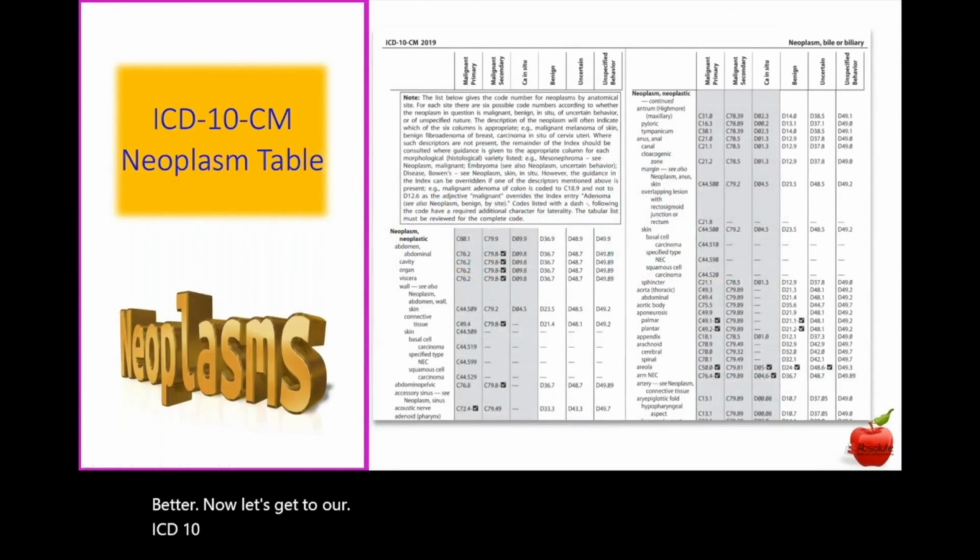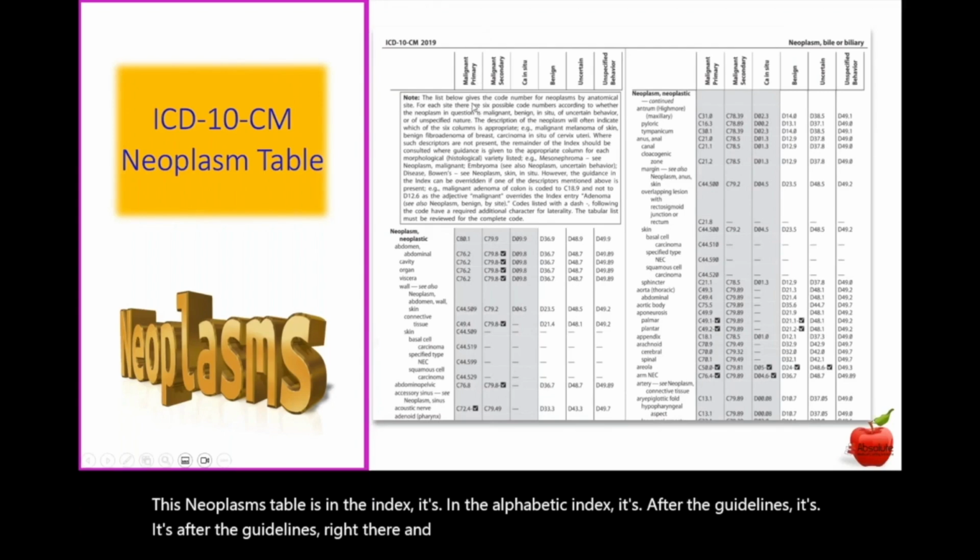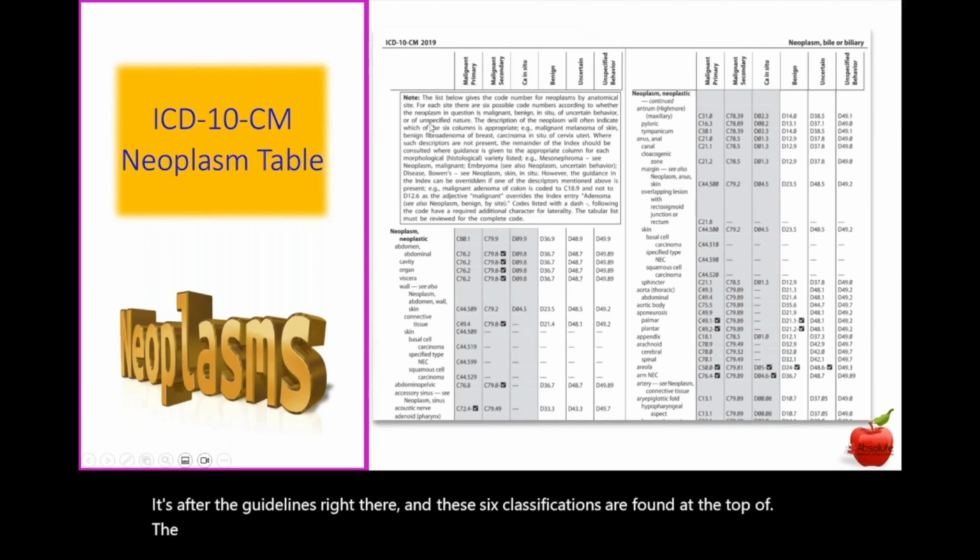Let's take a look at it, and let's observe the columns in the neoplasms table. This neoplasms table is in the alphabetic index, after the guidelines. And these 6 classifications are found at the top of the table.